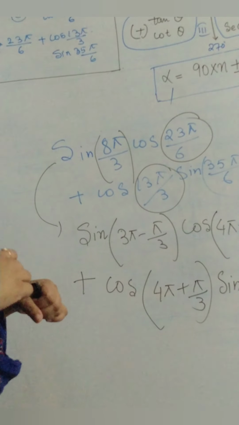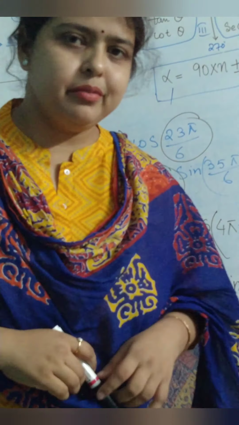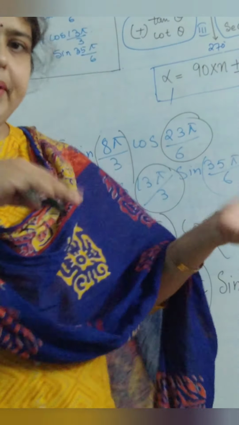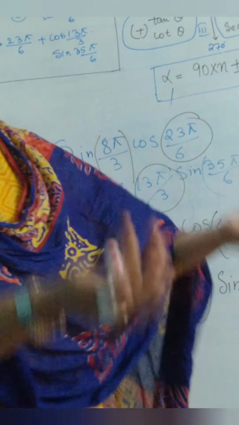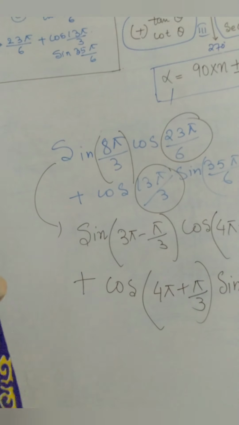How I'm converting: I'm always converting into the known values I know. I'm not jumping here and there, because I do have only that handful of known values. Fine. What we started in class 10.